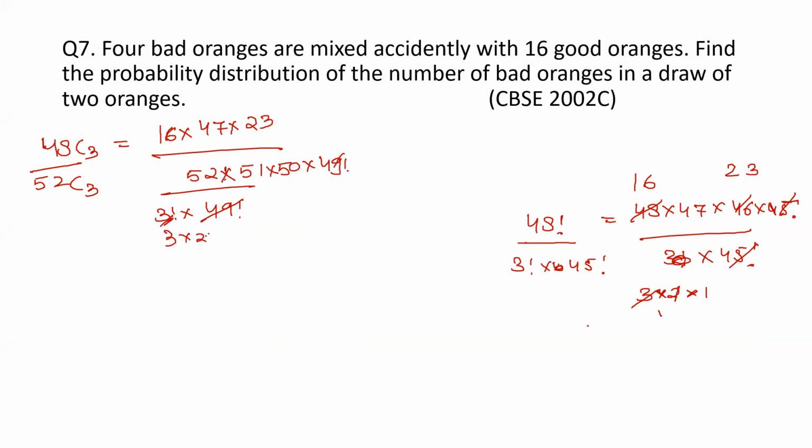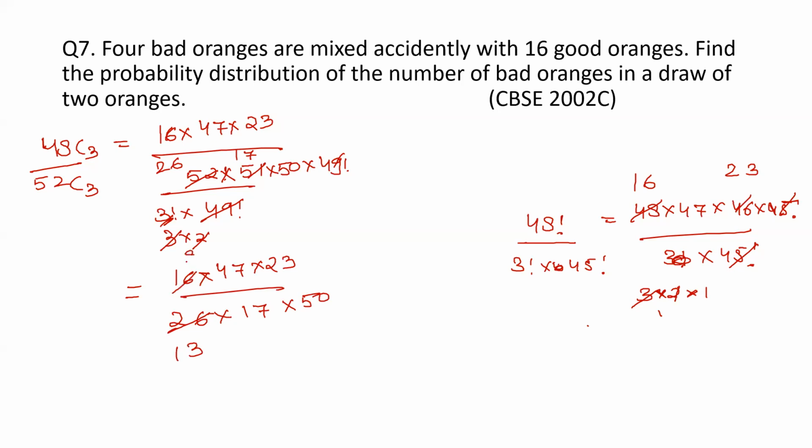So 2 you can cancel with this 52 to get 26, and 3 you can cancel with this 51 to get 17. So you're getting 16 into 47 into 23 by 26 into 17 into 50. You can even cancel this 13, this is 8. Then you can multiply and find out the answer. I hope this is clear to everyone.